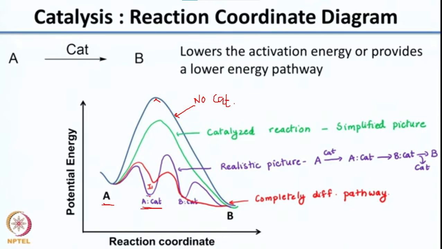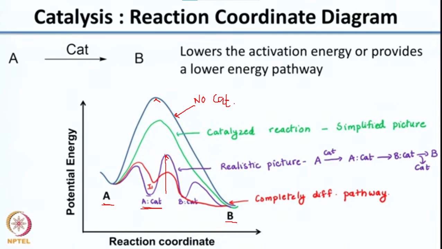Then after the A catalyst complex, it will again undergo conversion to the B catalyst complex, which will have some activation energy which is higher than the first step, right? After getting the B catalyst complex, it will convert to product B, and it will give the product with low activation energy.